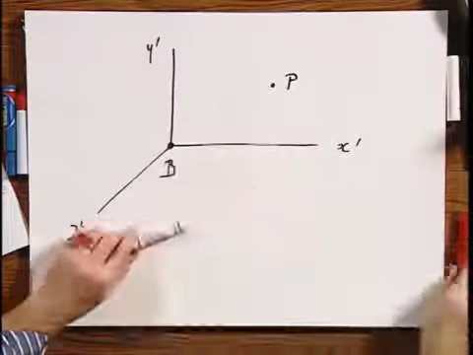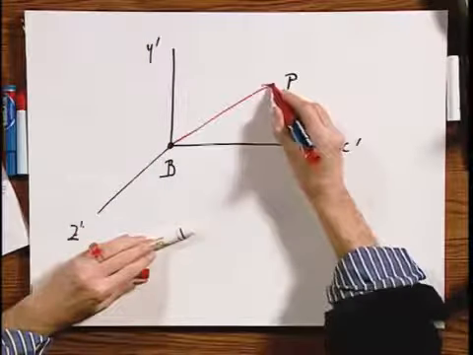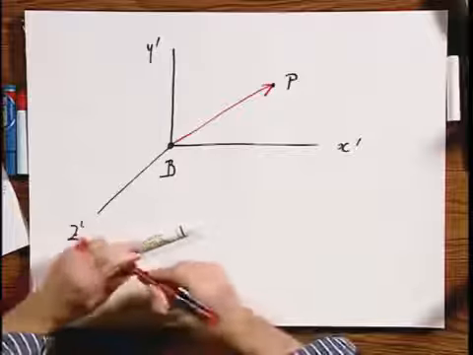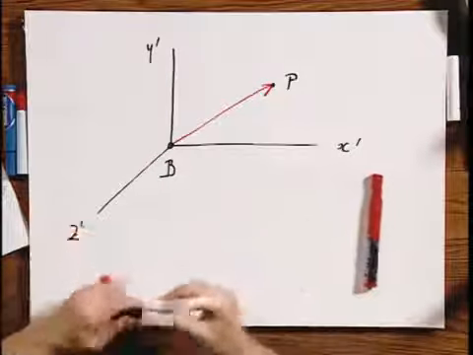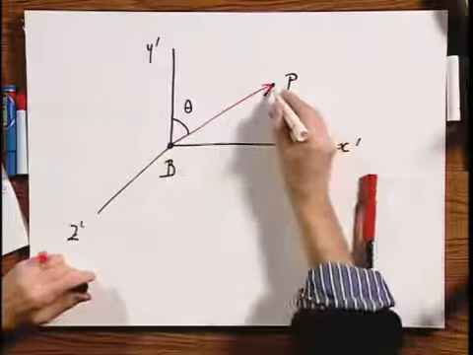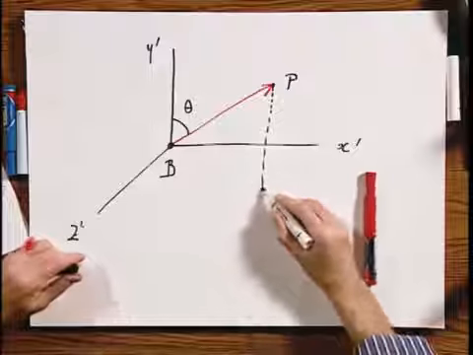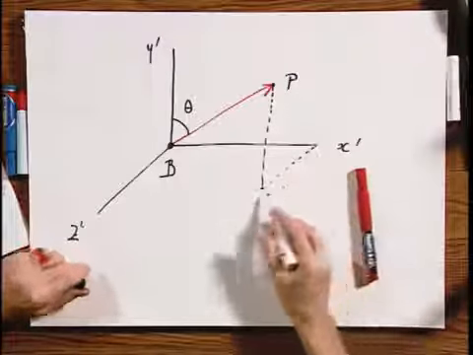The distance between B and P is now this vector. I call this angle theta. And I will try to make a projection again so that you can see things.